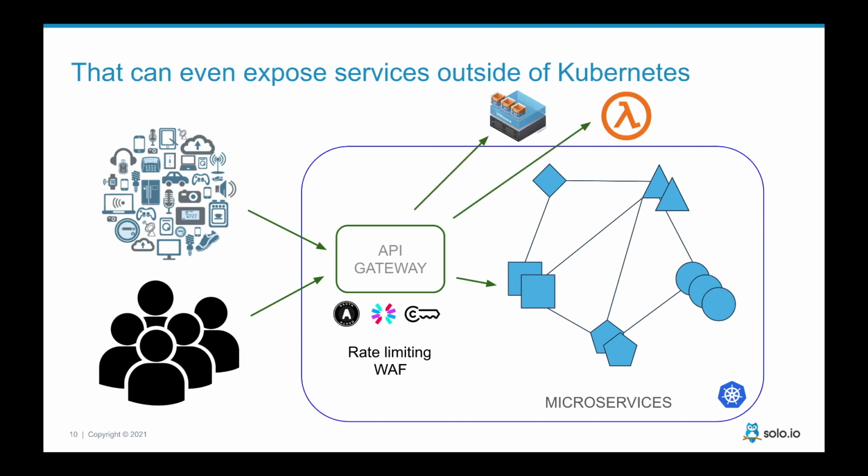These API gateways can run inside the Kubernetes cluster, but still be used to expose applications running in legacy environments, like in VMs, for example. They can also be used to expose modern services running in functions, like in Lambda, for example. They can discover these Lambda functions and expose them to the outside world.